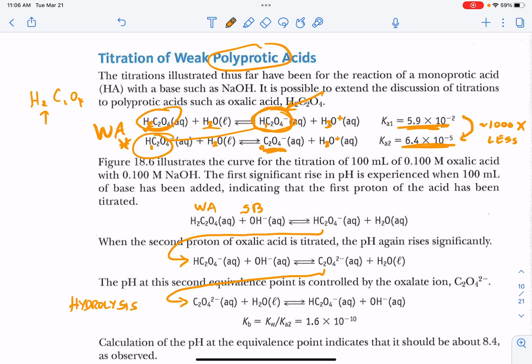And because we're adding hydroxides, of course, which combine with that to make water, which drives the reaction to the right, now all of my bioxalate ions, or hydrogen oxalate ions, will lose their second proton and become the oxalate anions in solution. So that's what we have going on here.